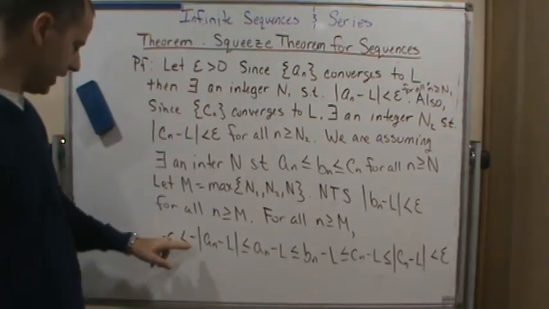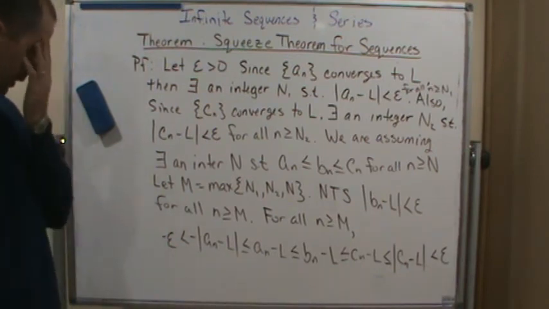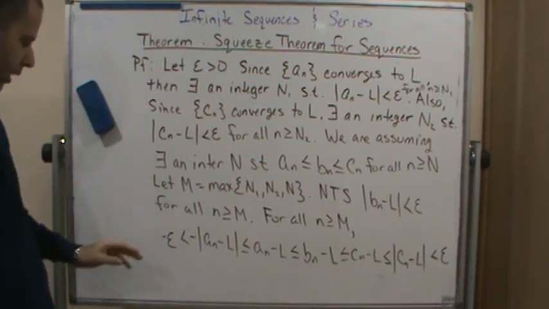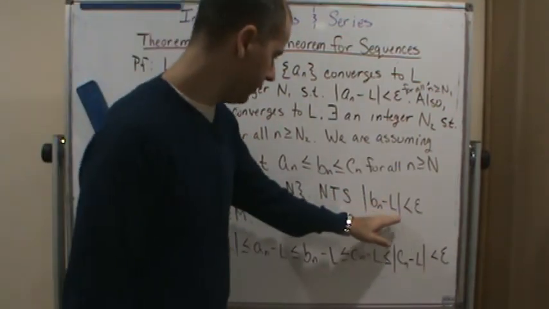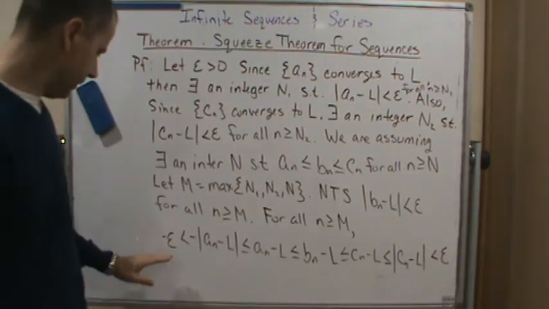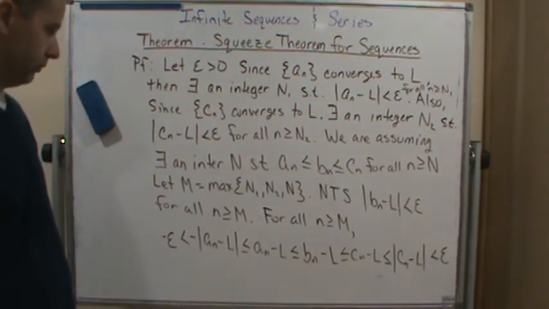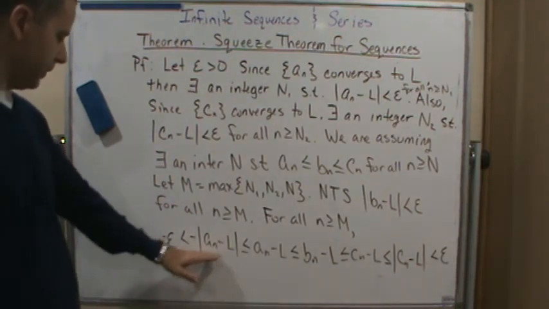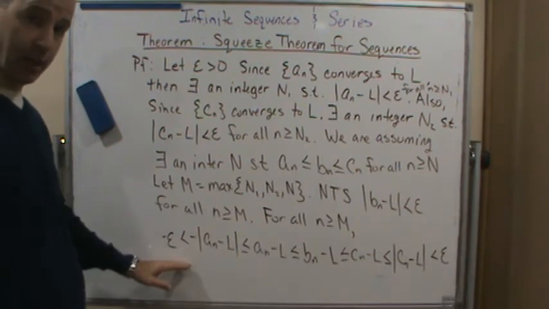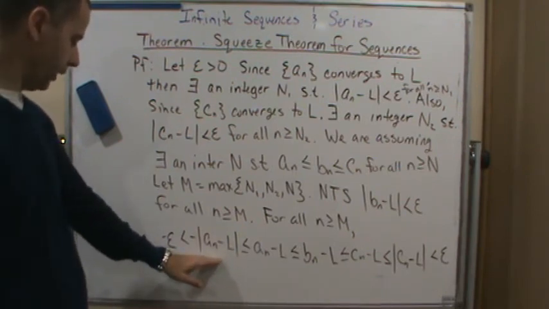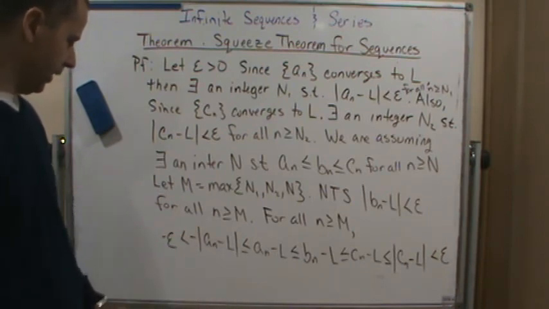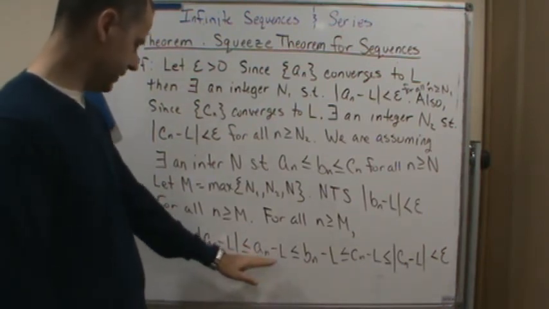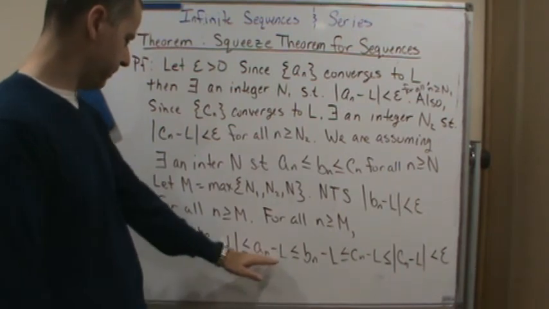So again, if we take the negative of both sides, we have to flip the inequality. So if this is true, then this has to be true. This is just using the property of inequalities. So we get negative epsilon is less than this. Good. Now this is going to be less than or equal to this.